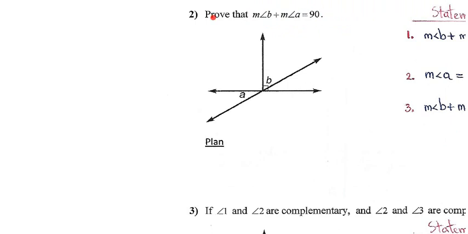We do not have the given information, so basically the only thing that we're given is the information on the diagram. So we will think about how do we prove that the measure of angle B plus the measure of angle A is equal to 90 degrees. These angles are separated from each other. Well, they just need to be complementary, because we know that complementary angles add to 90 degrees.